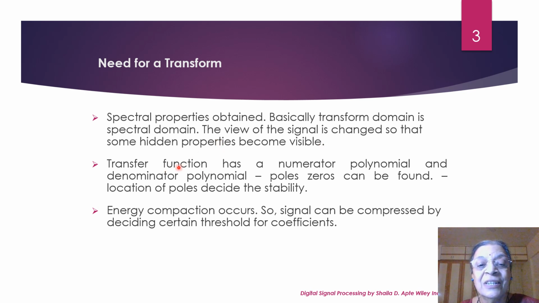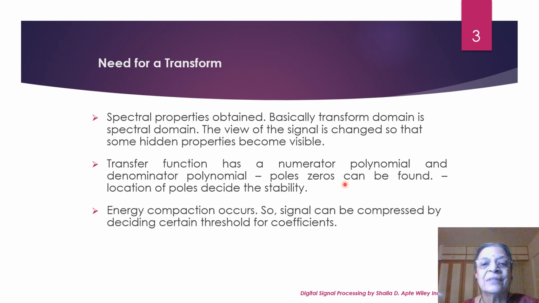Second advantage is once we write down the transfer function of the system, it will have a numerator polynomial and a denominator polynomial. The denominator polynomial has the roots, those are called the poles, and the zeros are the numerator polynomial roots. So we can find out where the poles and the zeros lie.